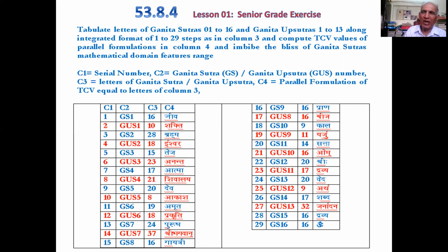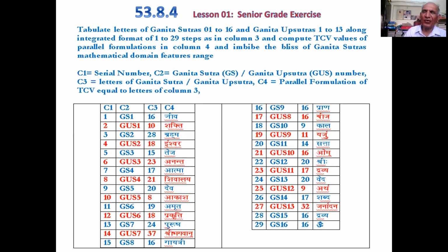In column number 1 is a serial number. In column number 2 is the placements of sutras and upsutras in the integrated format. And the column 3 is giving the letters of the text of respective sutras and upsutras.